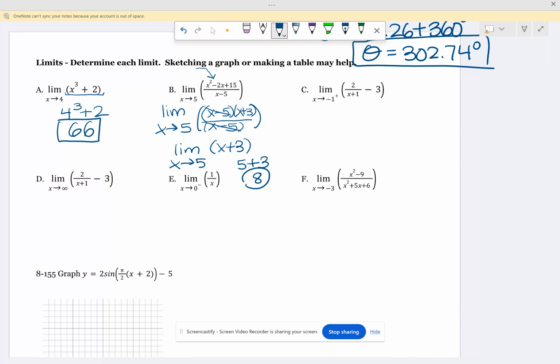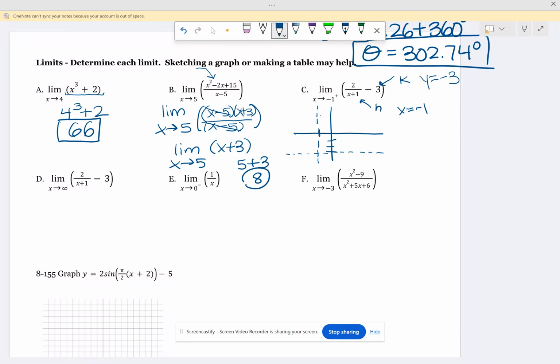The next problem is a great one to go ahead and graph. If you remember h and k as being our asymptotes for this graph, I'm going to draw a vertical asymptote at x equals -1 for that h value, and I'm going to draw a horizontal asymptote. It's been a while since we've done these, but just as a refresher, at y equals -3.